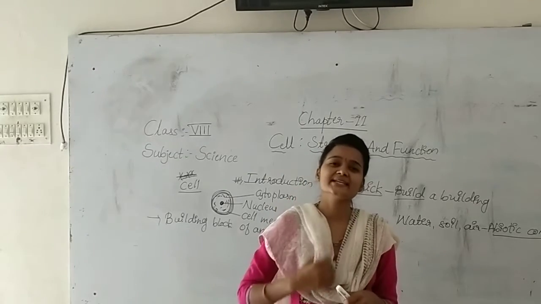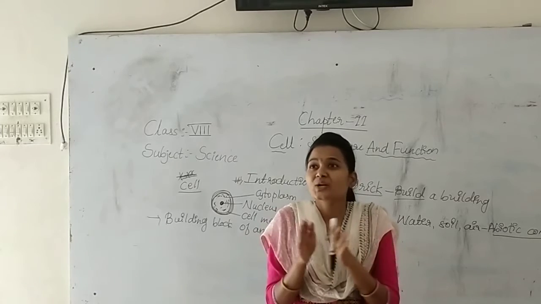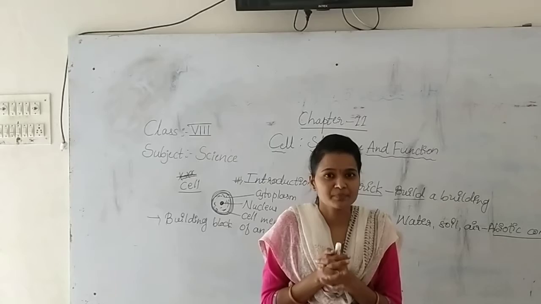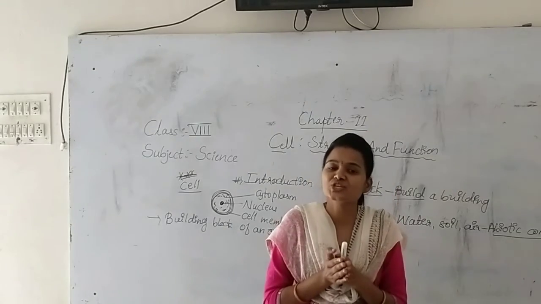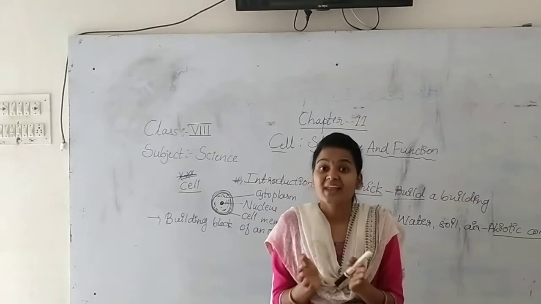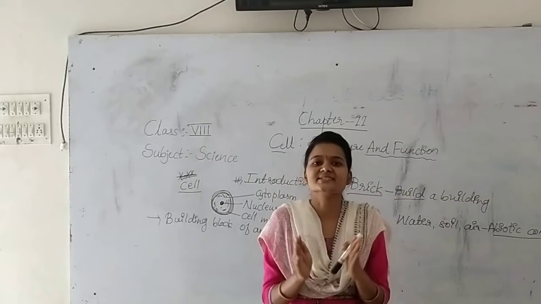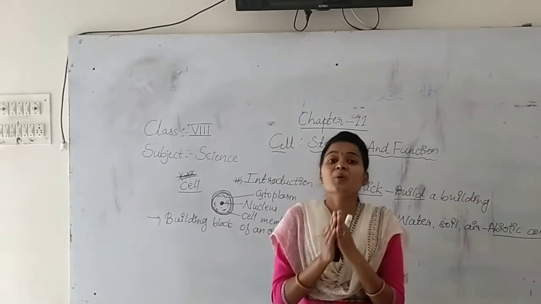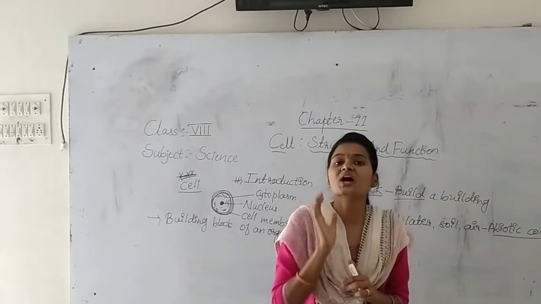Whenever brick is the base, only then does the building get its shape, its structure. Like that, when cells are there, only then does our body get its structure. That's why the cell is called the structural unit.